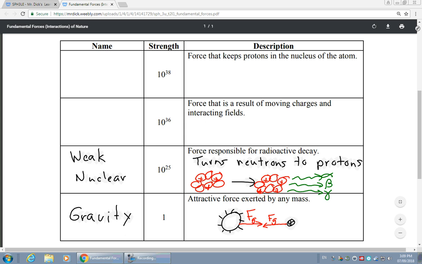Looking now just one up the chart, we have something that's a result of moving charges and interacting fields. Well, specifically we call that the electromagnetic force. And always try and spell it right.